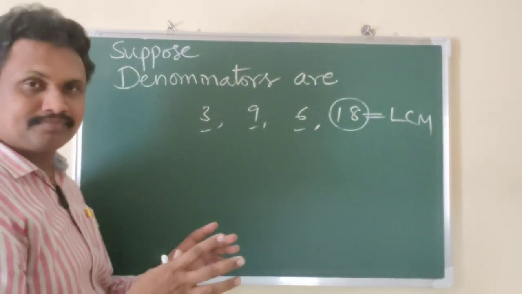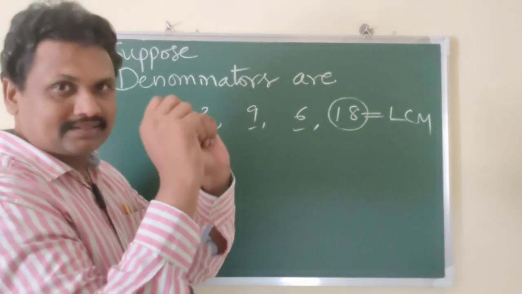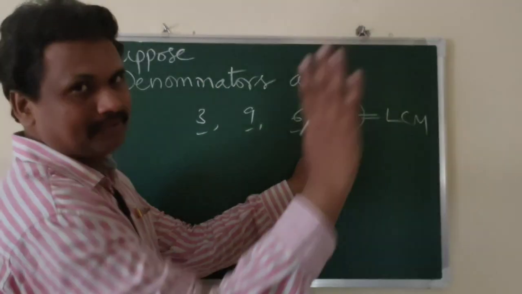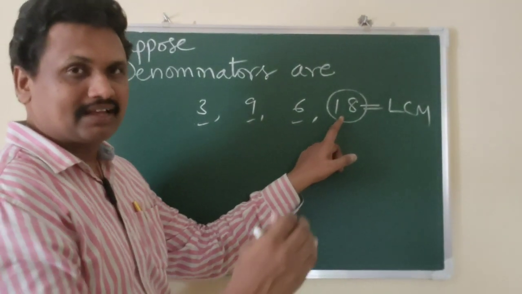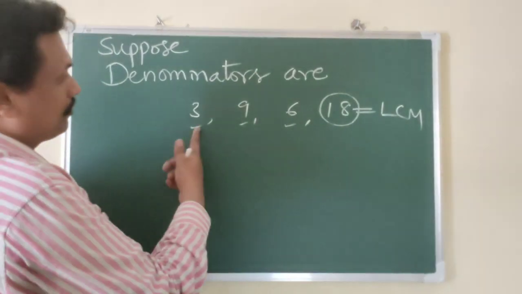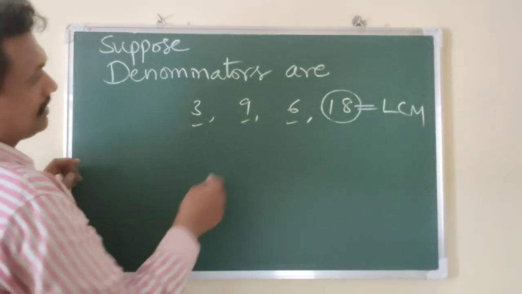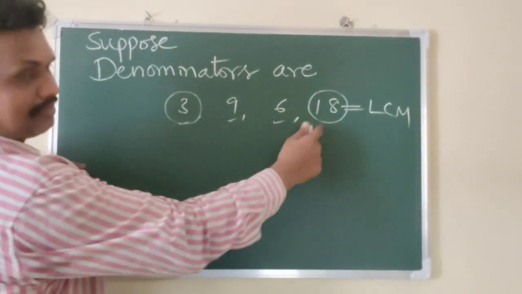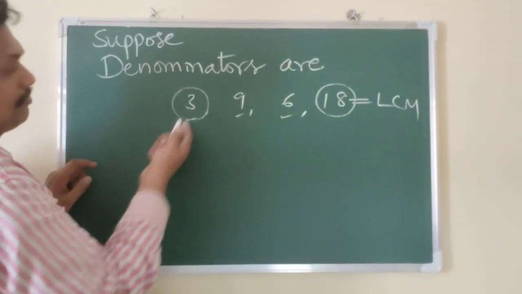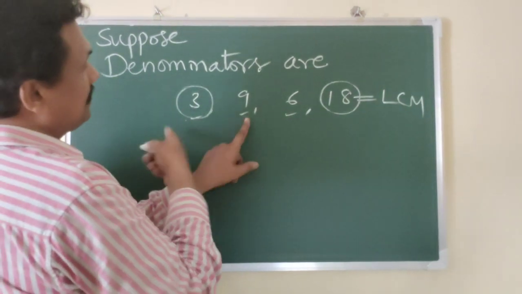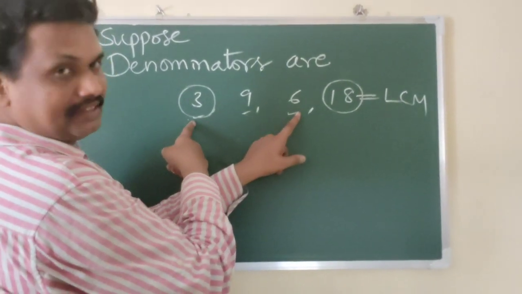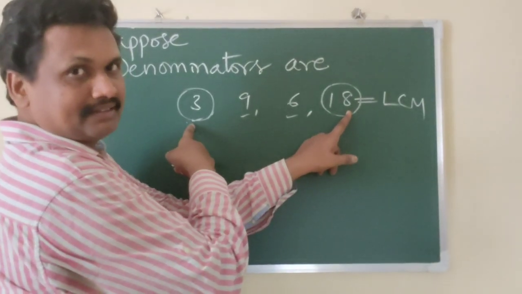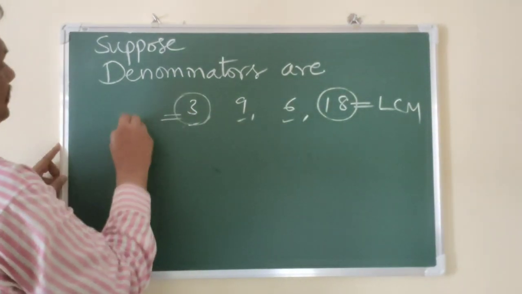According to our discussion, LCM is always equal to or more than the big number, and HCF is always less than or equal to the small number. Now check. Check whether the remaining numbers are divisible by the small number: 9 divided by 3, yes. 6 divided by 3, 18 divided by 3. Therefore, 3 is the HCF here.